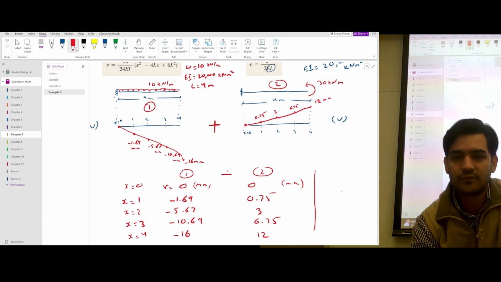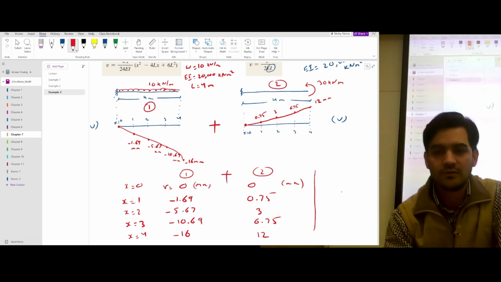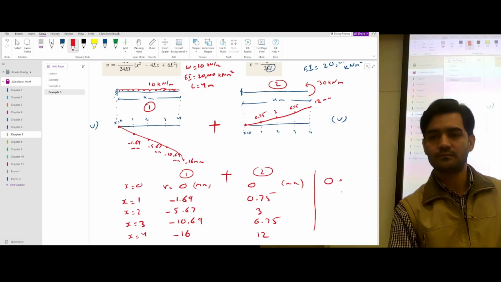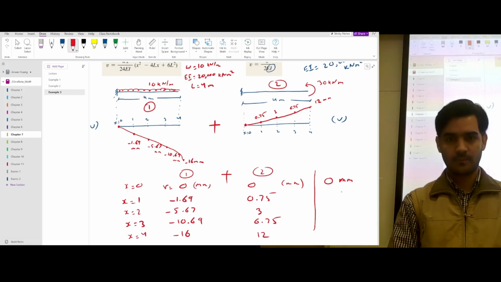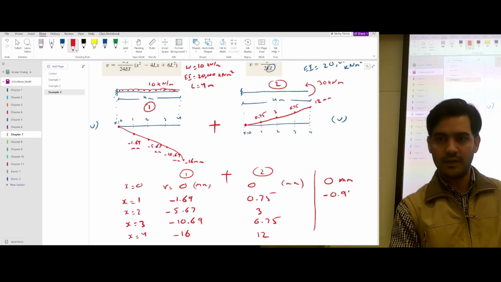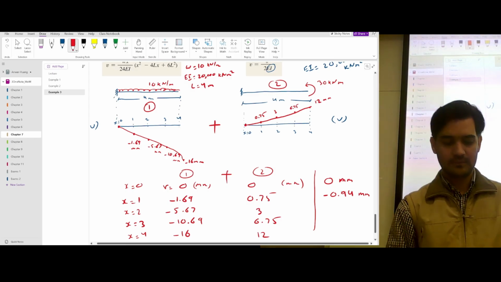So all I have to do is add these values. 0 plus 0 is 0 millimeter. Minus 1.69 plus 0.75 is negative 0.94 millimeter.